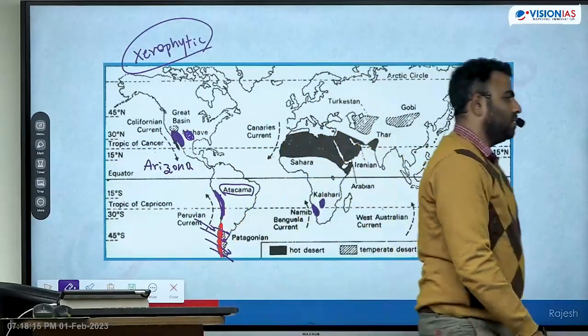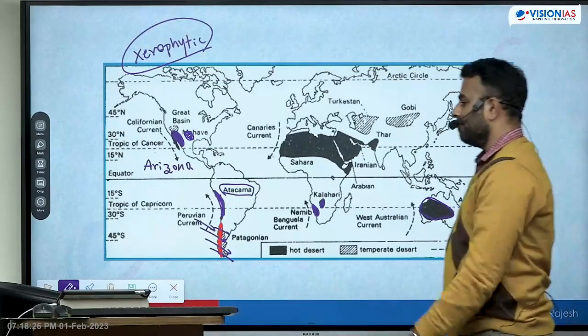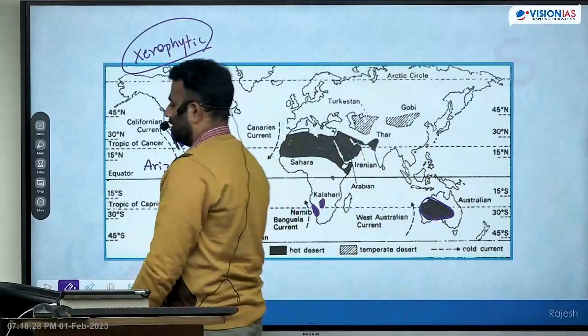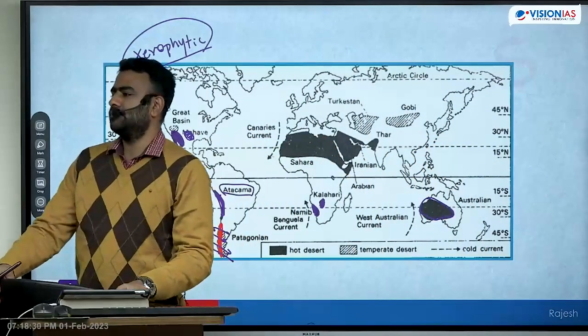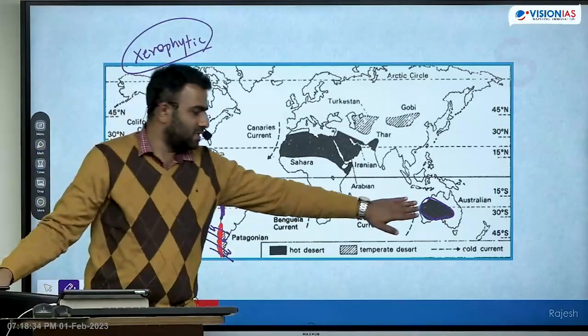एंड देन विक्टोरिया, Gibson, Simpson. These are all deserts of Australia. Victoria, Gibson, Simpson, इसका पार्ट्स है.